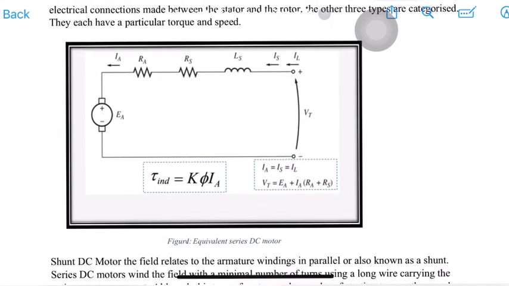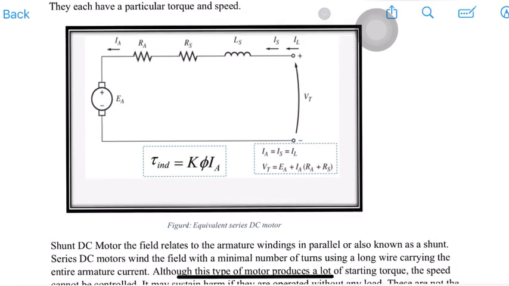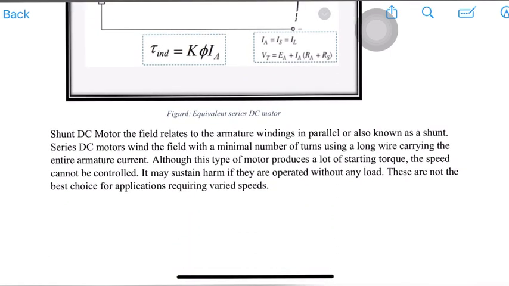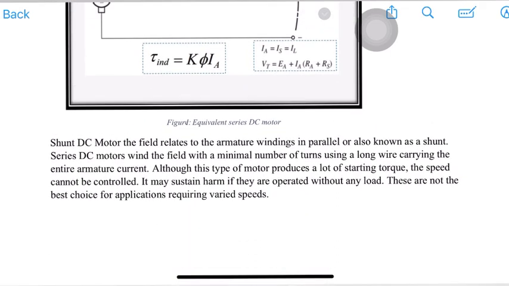If you can see, this is a figure of the equivalent series DC motor. In a shunt DC motor, the field relates to the armature winding in parallel, also known as a shunt. Series DC motors wind the field with a minimal number of turns using long wire carrying the entire armature current.